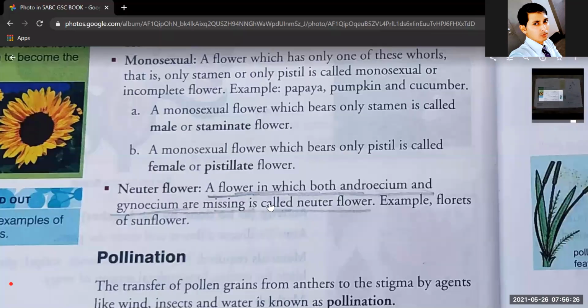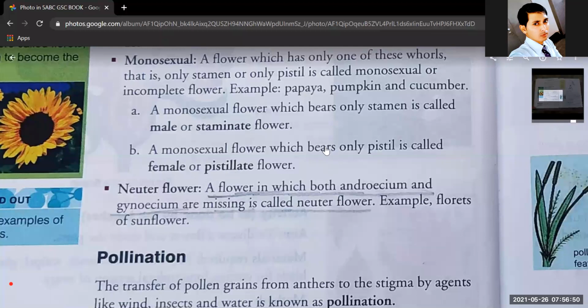A monosexual flower which bears only pistil is called a female or pistillate flower. So it is further divided: if it bears only stamen it is called male, and if it bears only pistil it is called female.